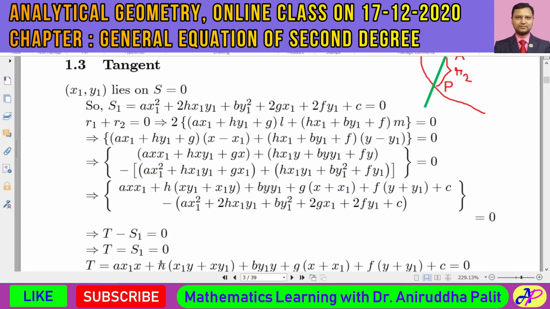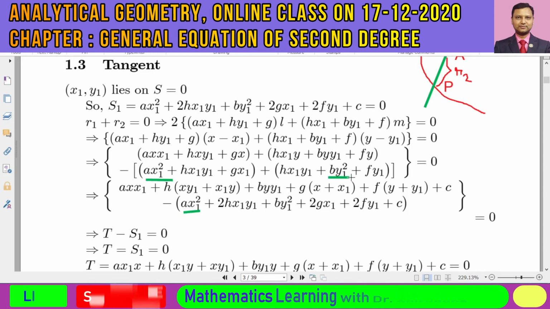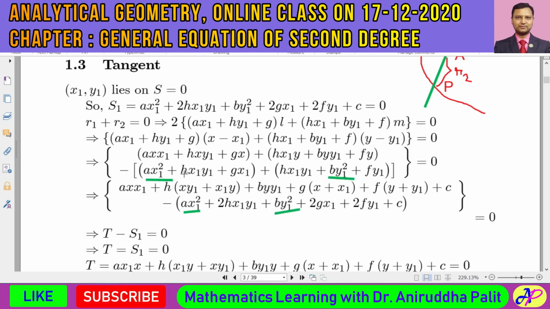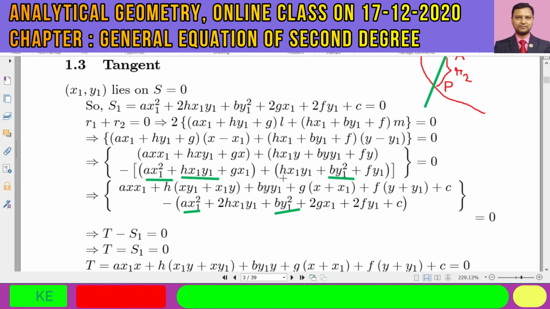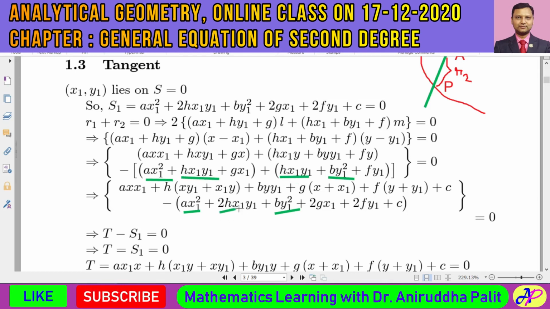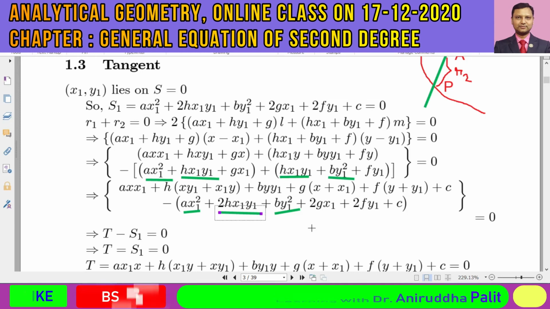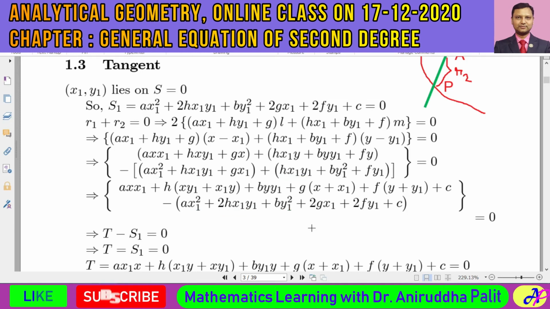Then we have a similar adjustment over here. Ax1 square is there, then by1 square is there, then hx1y1 and hx1y1 put together construct twice hx1y1.